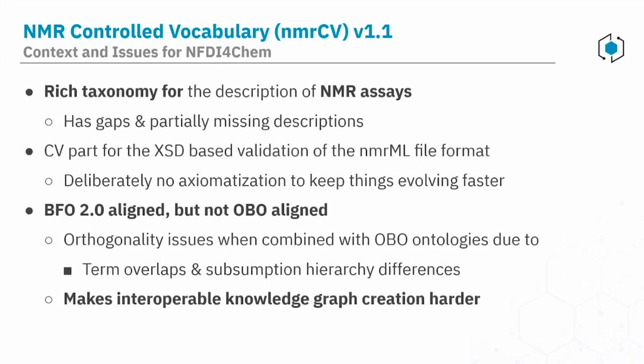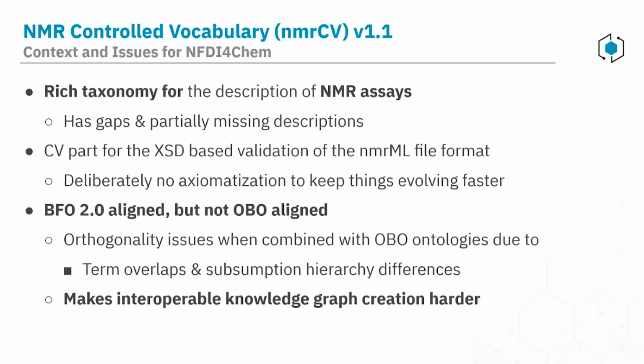So recapping a little bit, what we have right now is the NMR controlled vocabulary, nmrCV version 1.1. And as Nora just said, it is a rich taxonomy for NMR assays, but it has gaps. Also, if you look into it, some of the terms are lacking a proper description or definition.